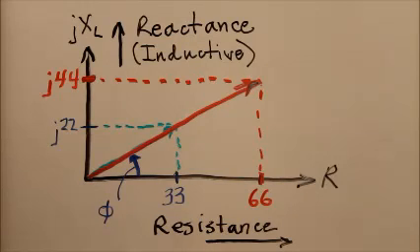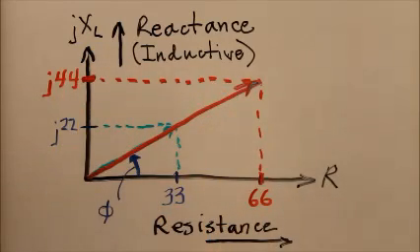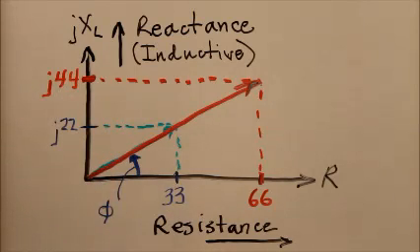Now, we're talking about a frequency in this question, but actually the frequency is irrelevant. All we need to know is the fact that these two quantities, the real number resistance and the imaginary number reactance, increase in the same proportion.